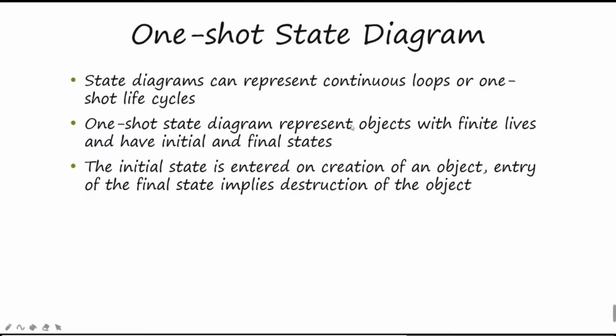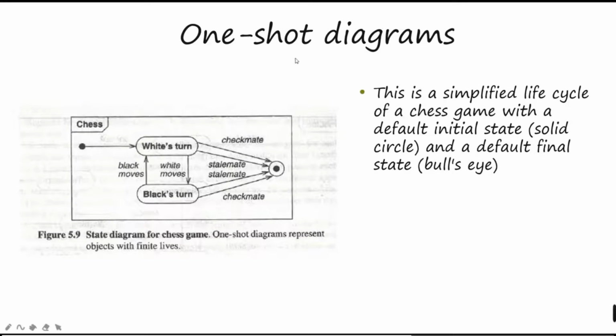There are no loops in the one-shot state diagram. The initial state is entered on creation of an object, and entry of the final state implies destruction of the object. Okay, this is an example of the one-shot diagram.